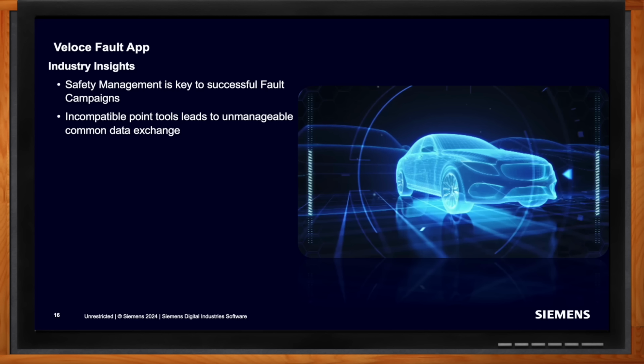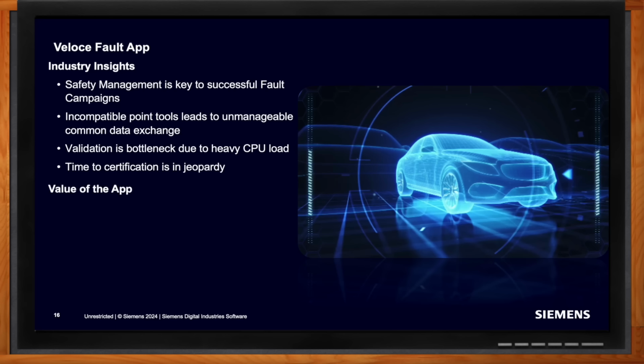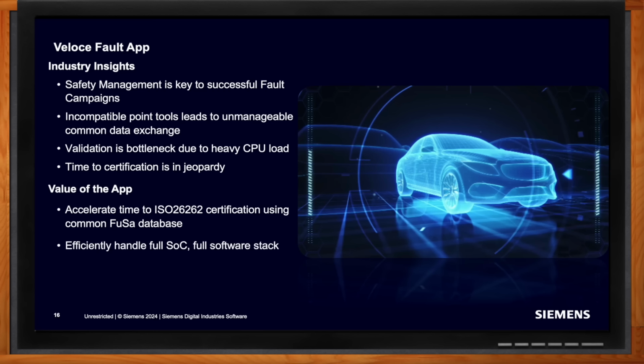There's nothing to manage how data gets passed back and forth between the tools. A lot of times, the various point tools have incompatible data exchange. So, to have an end to end system that contains not just all of the tools, but the ability to collate and manage your fault campaigns is of tremendous value.